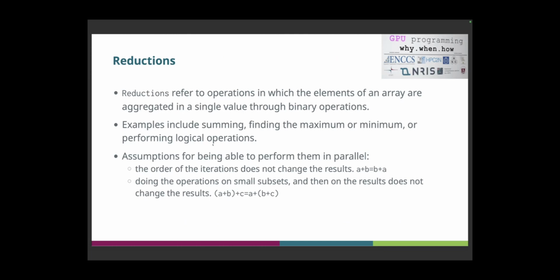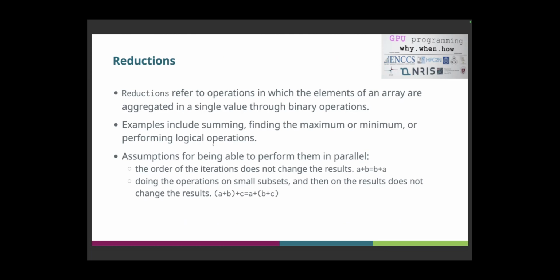In order to be able to do reduction in parallel, there are two assumptions. You have the commutativity, so a plus b equals b plus a, and of course this can be any kind of binary operation. In our case, we only use commutative operations. The next one is also important. In order to be able to do things in parallel, the order of operations that we are doing on an array will be changed.